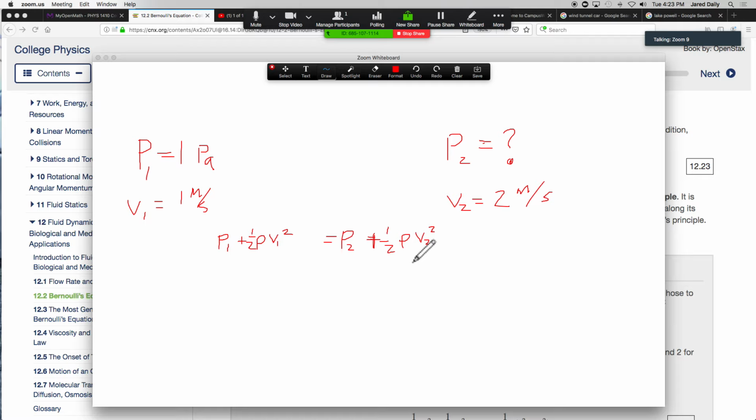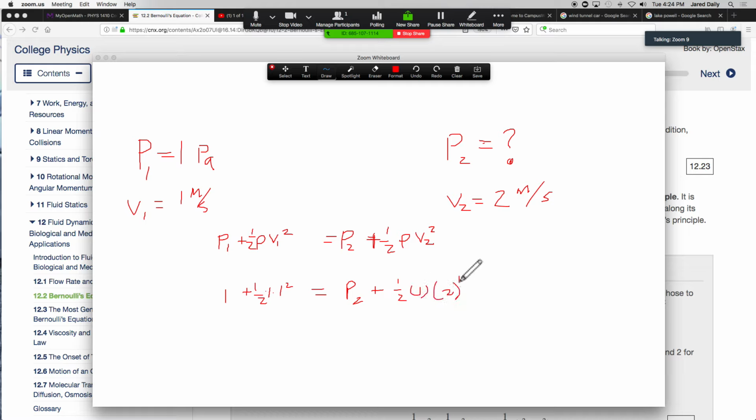Right? So pressure 1 is 1. Plus 1/2. Let's say we're doing water, so rho is just going to be equal to 1. And then V1 is 1 squared, so that's 1 times 1, 1/2. And then P2, we don't know, plus 1/2 times 1 times 2 squared.